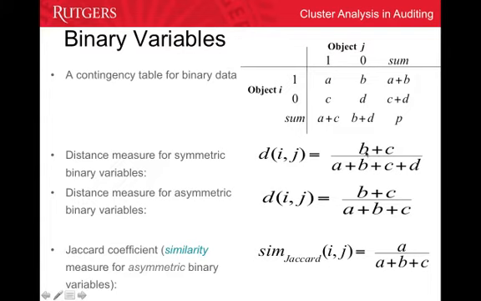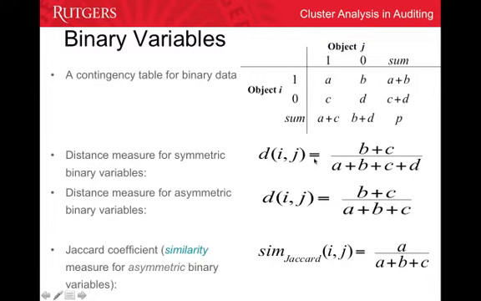Okay, then if this binary data is a symmetric binary variable, which means that the values 1 and 0 have equal significance, equal importance, so we call this kind of binary variable a symmetric binary variable. In this case, we use this function to calculate the distance between these two variables.